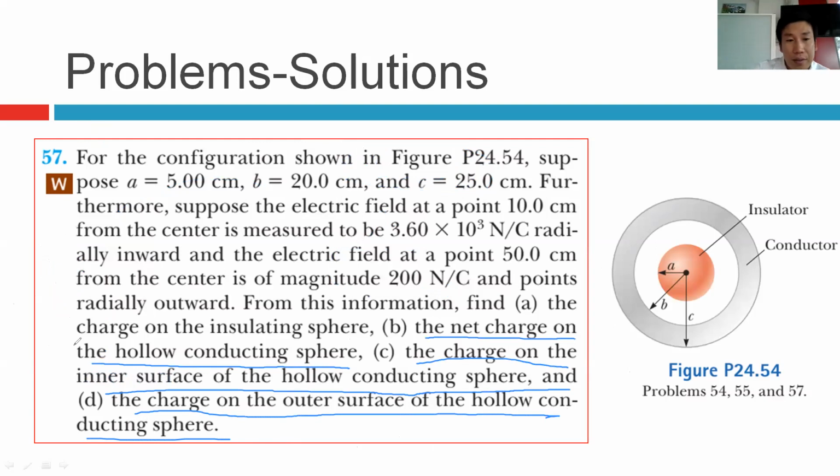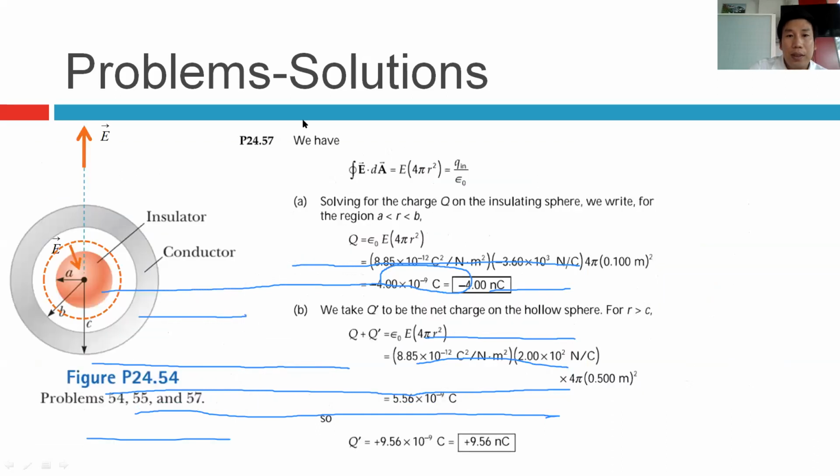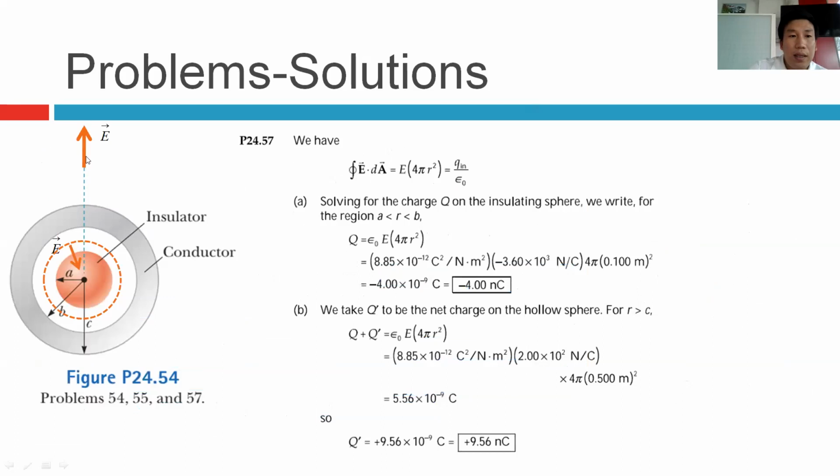The net charge on the hollow conducting sphere: we apply the point where the electric field at 50 centimeters from the center has a given magnitude. In this case it fits with this case, right?